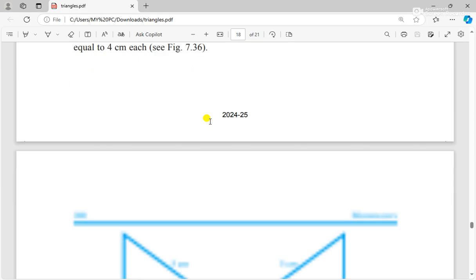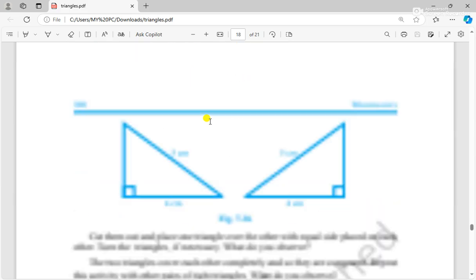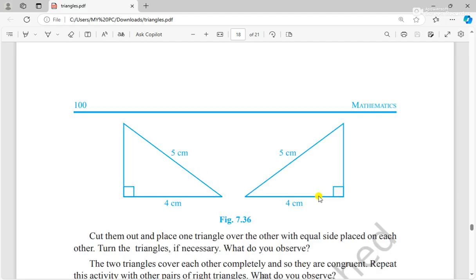Here you see, we have constructed two triangles. One of them has this as the hypotenuse, this is the base, and this is the right angle, right? And here also you can see that this is the hypotenuse, this is the base, and this is a right angle, right?